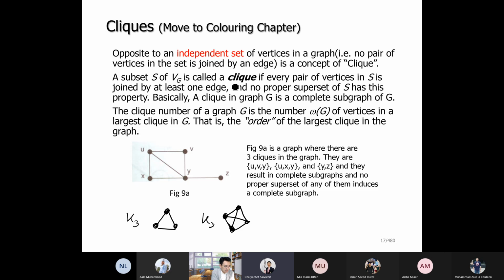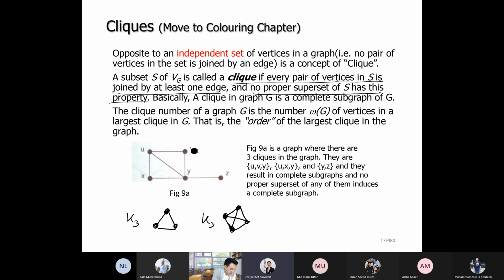A subset S of VG is called a clique if every pair of vertices in S is joined by at least one edge, and no proper superset of S has this property. Basically, a clique of a graph is a complete subgraph of G. If I say 9A is a graph, there are three cliques in this one.